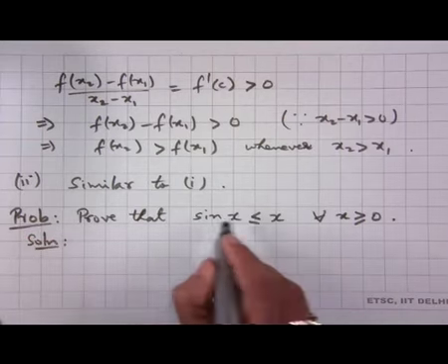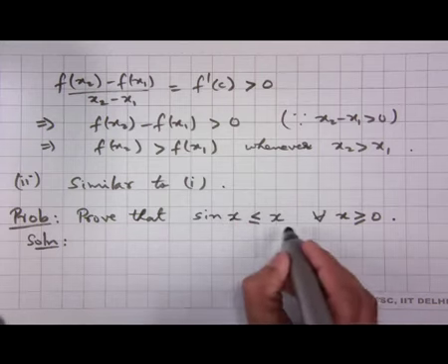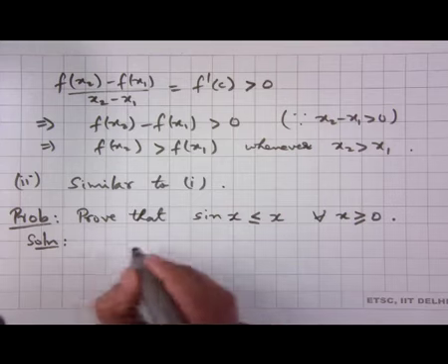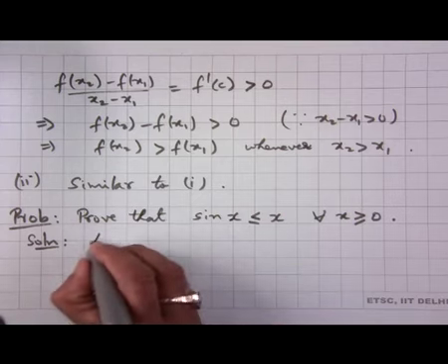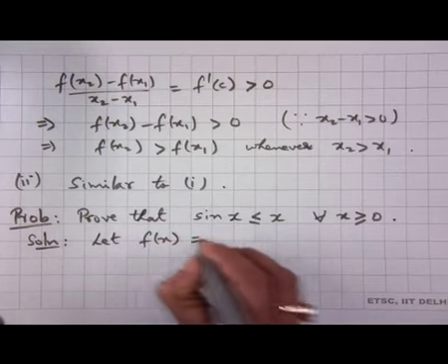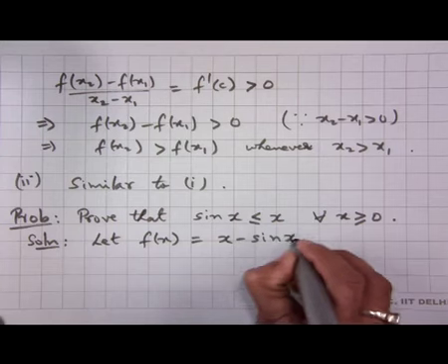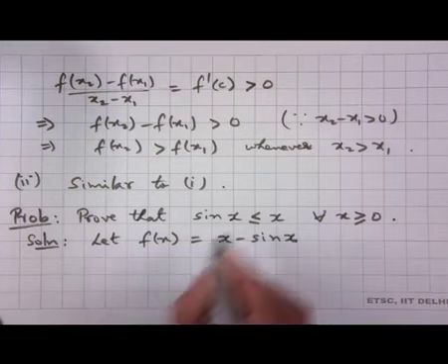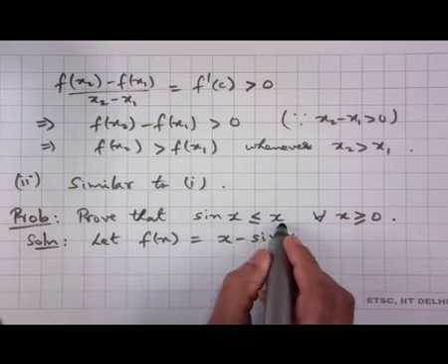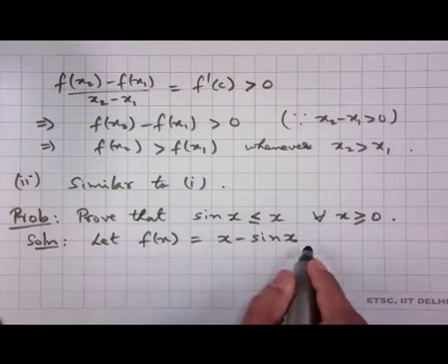So, we want to prove that sin of any positive x is always less than or equal to x. So, we can let f of x be the function x minus sin x, and then proving that sin x is less than or equal to x is the same thing as saying that we have to prove that f of x is greater than or equal to 0.